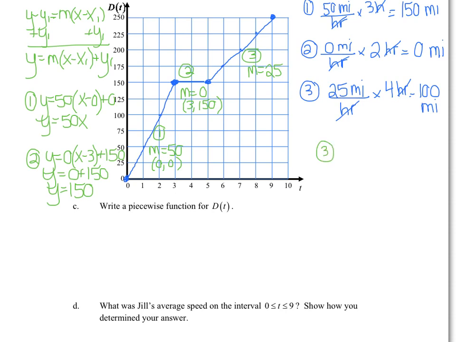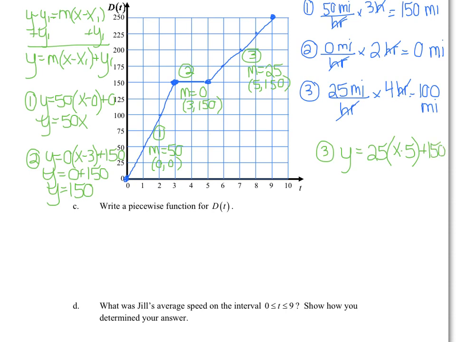For part 3, we need a point, so we can pick 5, 150, we could pick 9, 250, it doesn't matter. So I'll pick 5, 150. Y equals m, our slope in this case is 25, times x minus 5 plus 150.